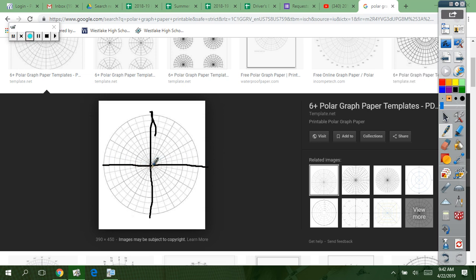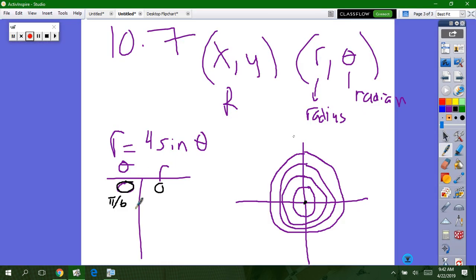Notice this right here is pi thirds, that's pi sixths, that's pi fourths. Does that make sense? With me? Okay, so what happens is I'm going to go on an angle of pi sixths.